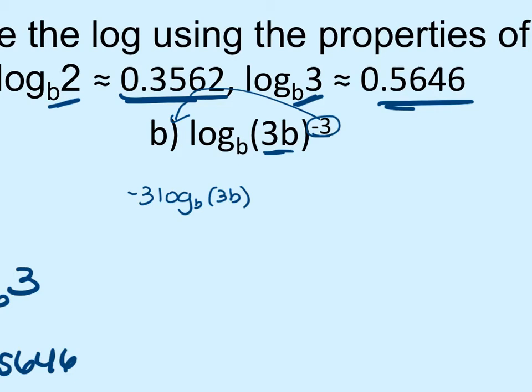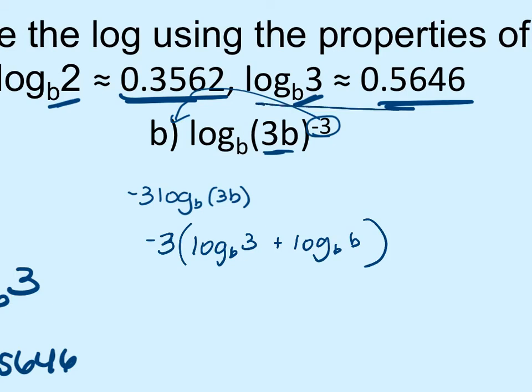Now I've still got the log of a product. So how do I split a product? Addition, good. So I can keep this like this, or I can distribute the negative 3 onto each one. It doesn't matter, because that negative 3 is part of both of those.